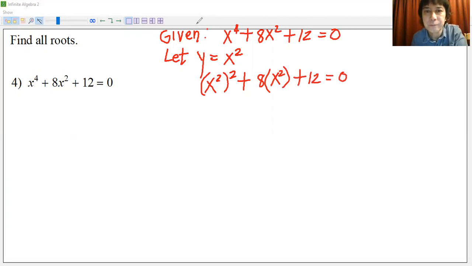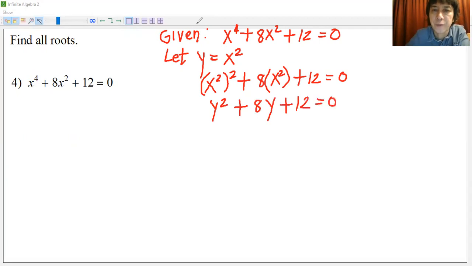Now, using our substitution, y is equal to x squared, we can write this as y squared plus 8y plus 12 is equal to 0. And we have our quadratic equation. We can now solve by factoring. All right, what are the factors of 12 so that when we add, it gives 8? There are many factors for 12.